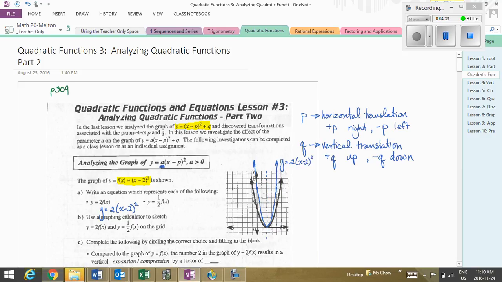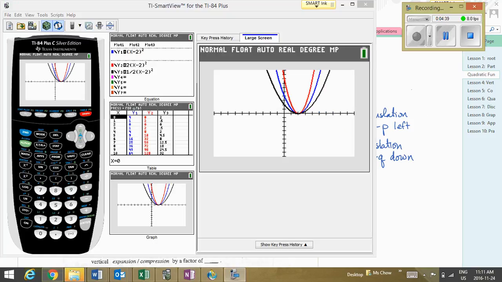When we graph the second one, let's take a look at what happens there. So when we enter in 1/2 of (x minus 2) all squared, we can see this black parabola, and what's happened compared to the original, which was the blue, is it's now gotten wider. And so we sometimes call that a vertical compression.